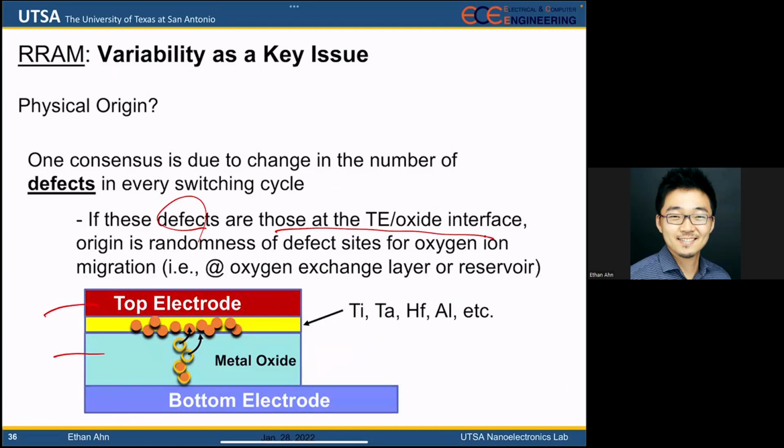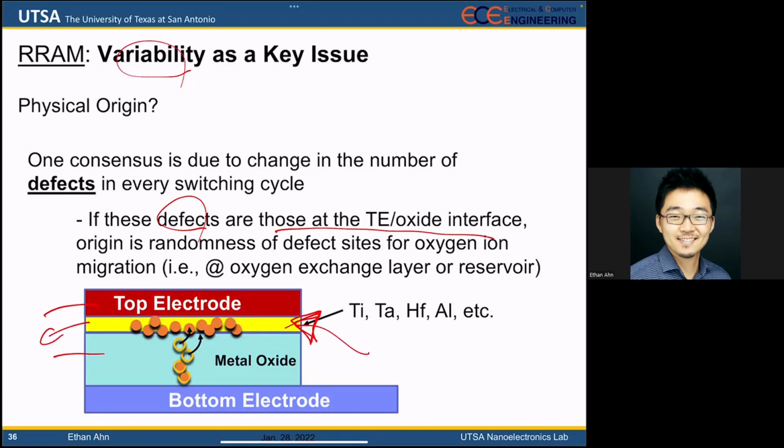Because of the randomness that exists in this interface, I believe that's why we have this large variability here.